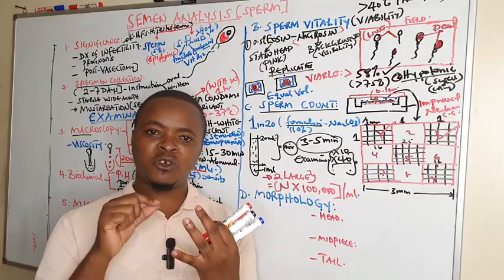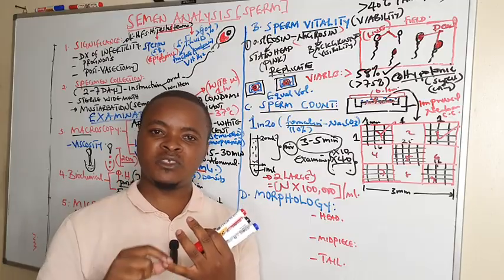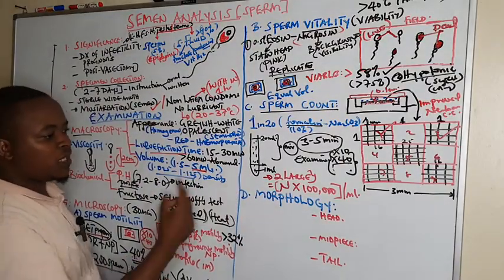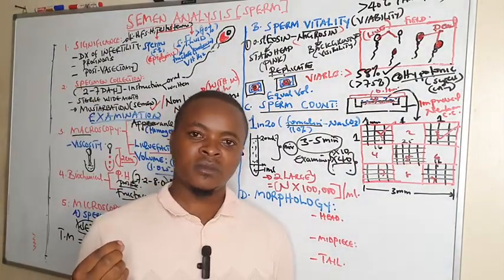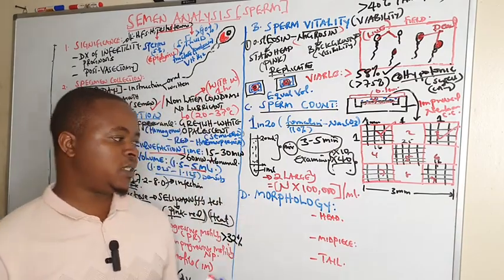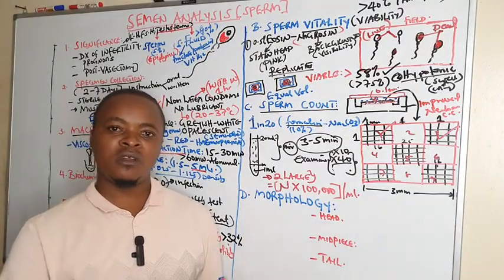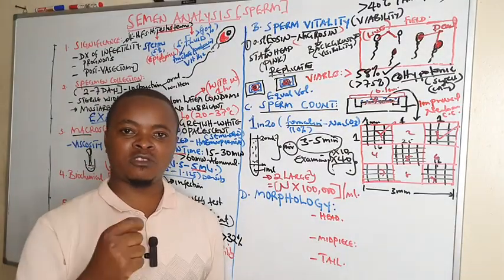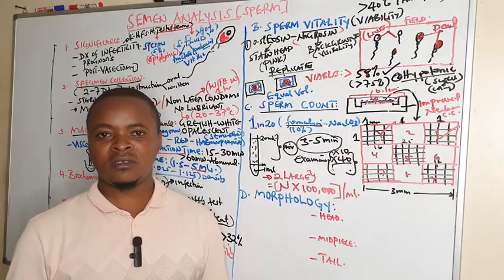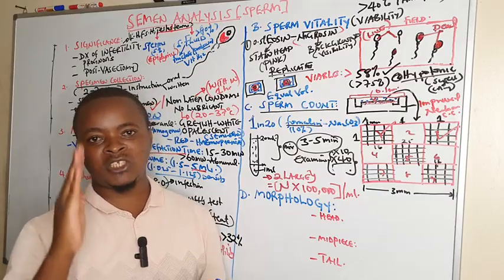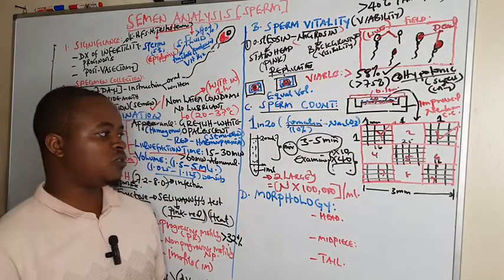Sperm concentration is the number of sperms in 1 mil. But the total sperm count per ejaculate is the sperm concentration per mil multiplied by the total number of mils. That is what we are trying to mean.